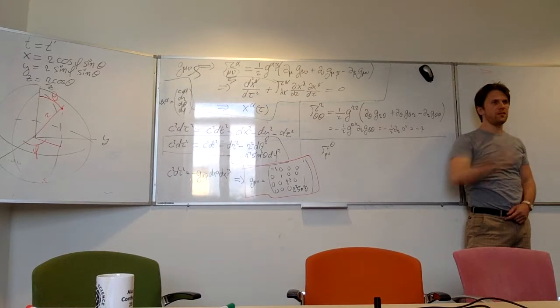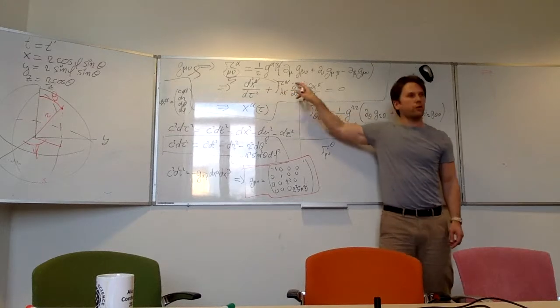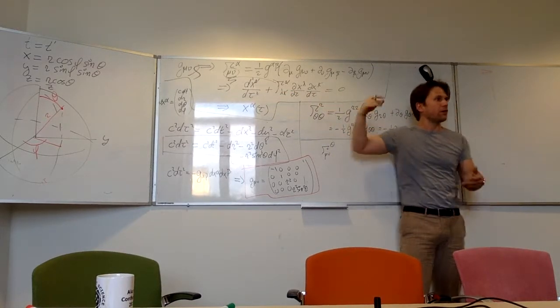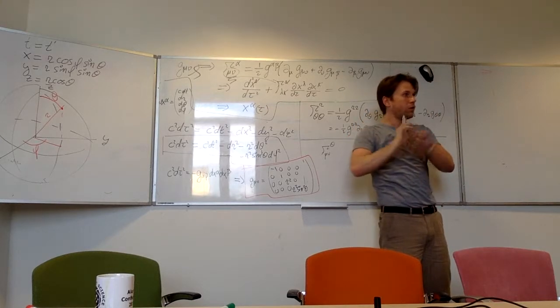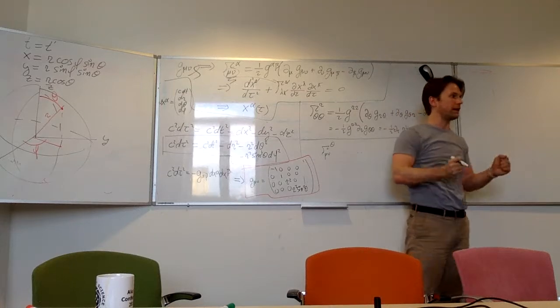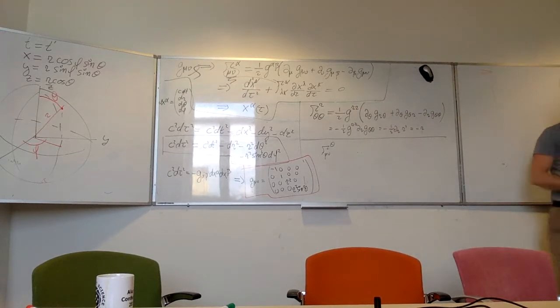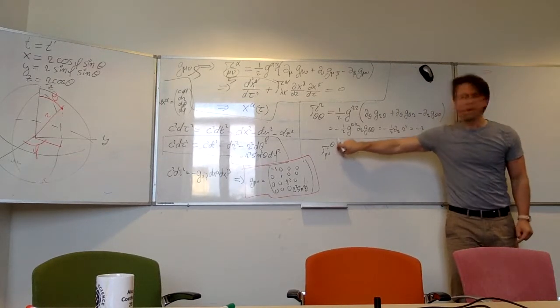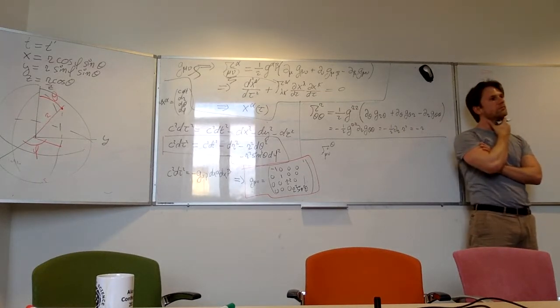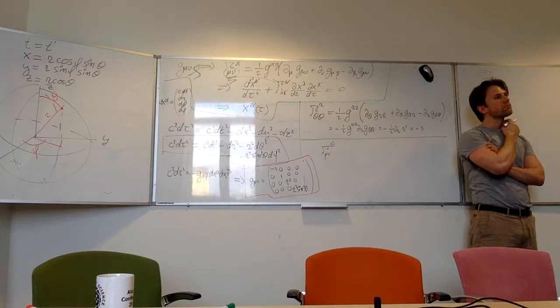Question of interpretation. I told you before that you can see this part as a force, right? Second derivative of a position with respect to time equals something force-ish. Which force am I calculating now? In what direction is this force pulling? If I'm going to do the gamma thetas, we'll be pulling in the theta direction.